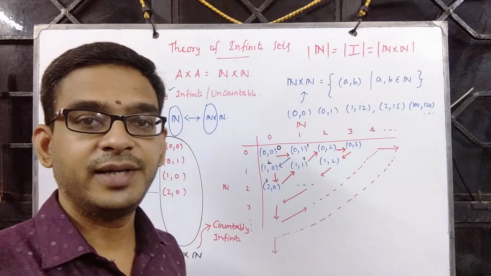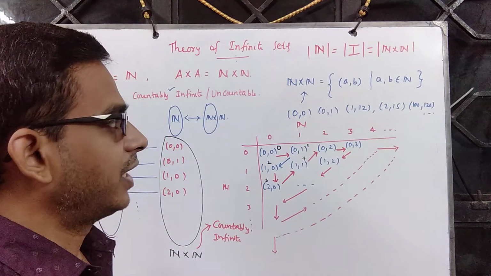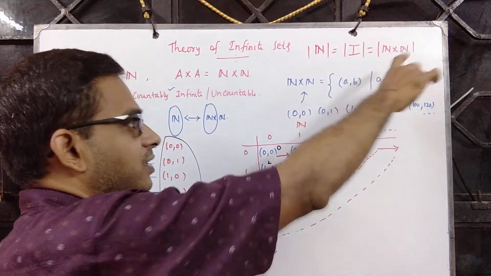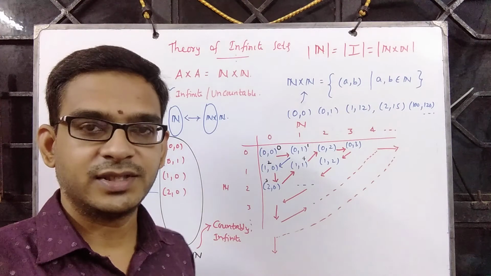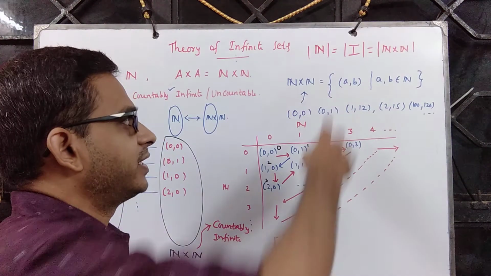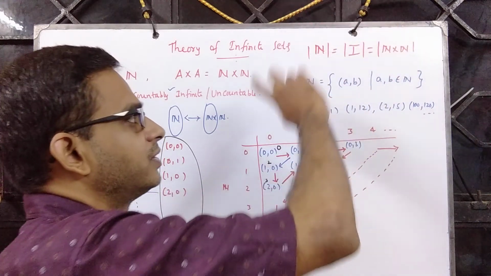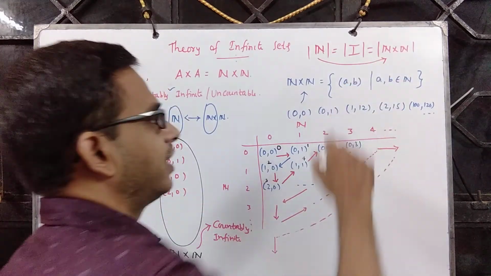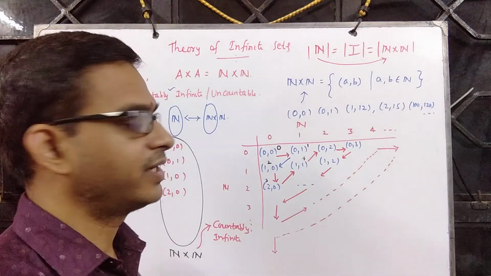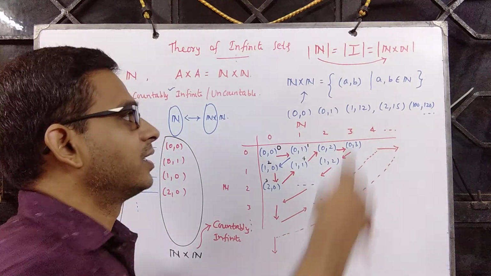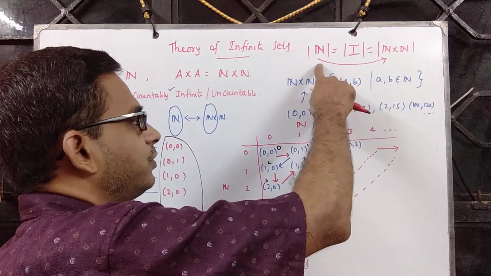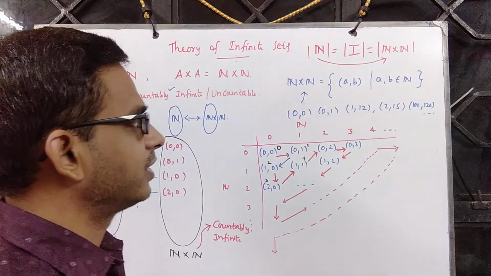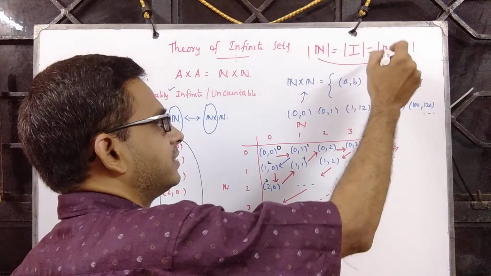So like that, one can keep building this. And it tells you something more, that all countably infinite sets are of same cardinality. Because there exists a bijection to n, you can establish a transitive relationship. You can relate n and n cross n, and through that you can talk about that now there is a bijection from n cross n to this, and we also know there is a bijection from n to I. Therefore, this and this are of same cardinality.